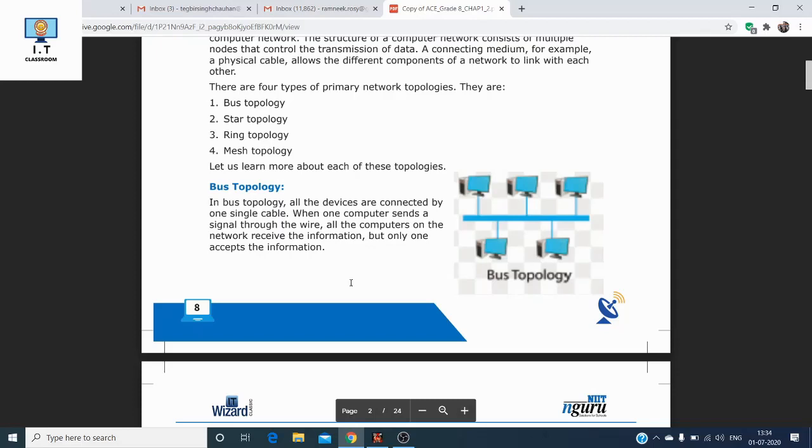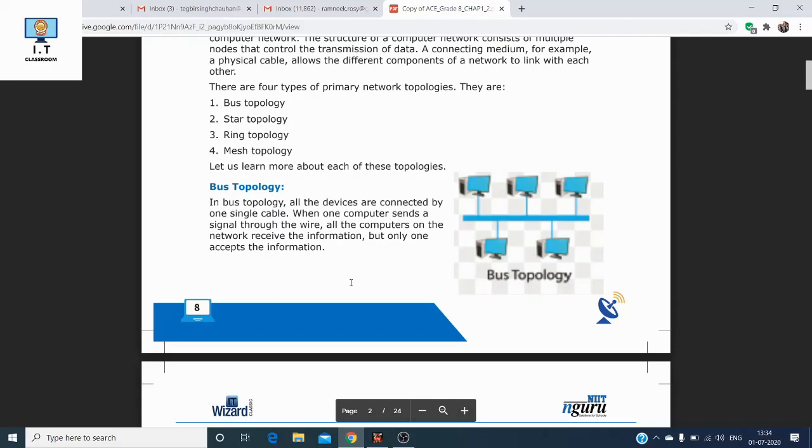When one computer sends a signal through the wire, all the computers on the network receive the information, but only one accepts it. In this kind of topology, all the computers and devices are connected to a single cable called the bus.